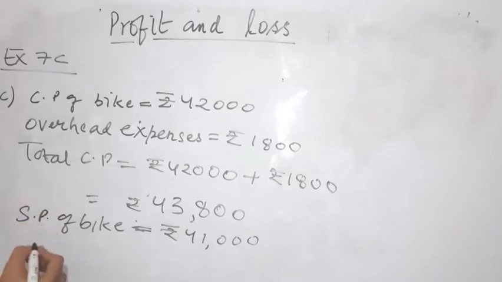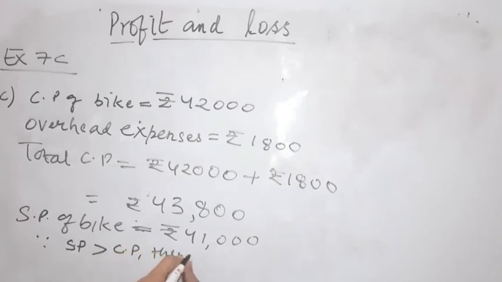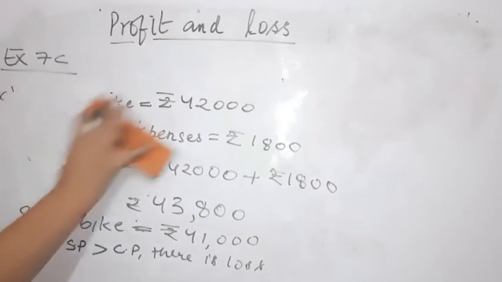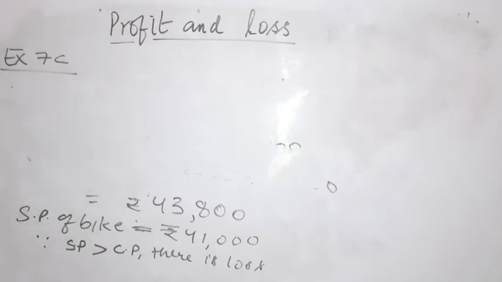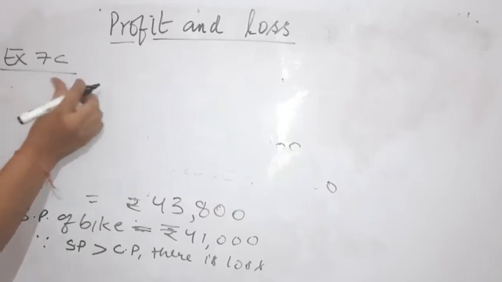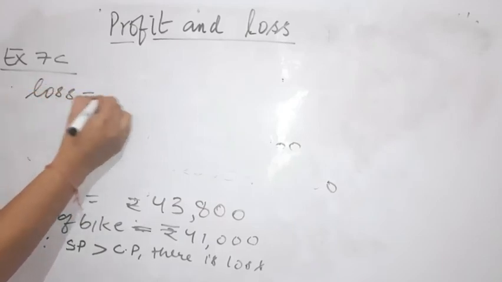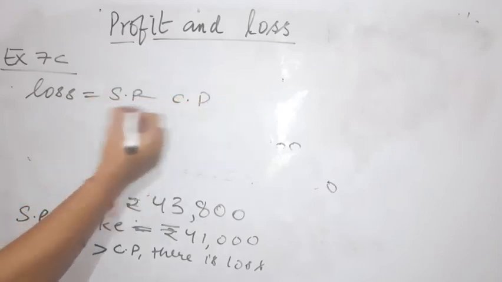So you will write like this: since the selling price is greater than the cost price, there is loss. And what is the formula for loss, students? You can comment down in the comment section if you know the answer. The formula is selling price minus cost price. Loss is equals to SP minus CP.